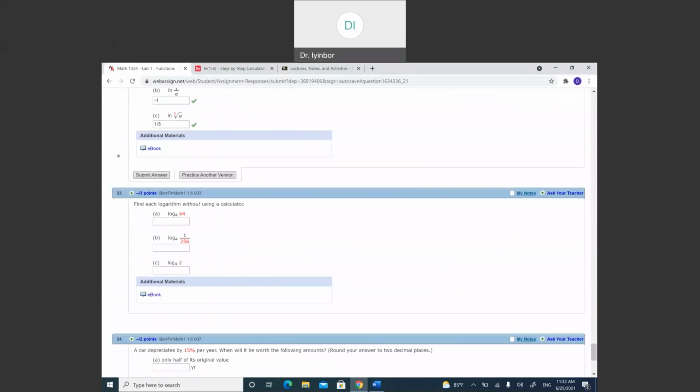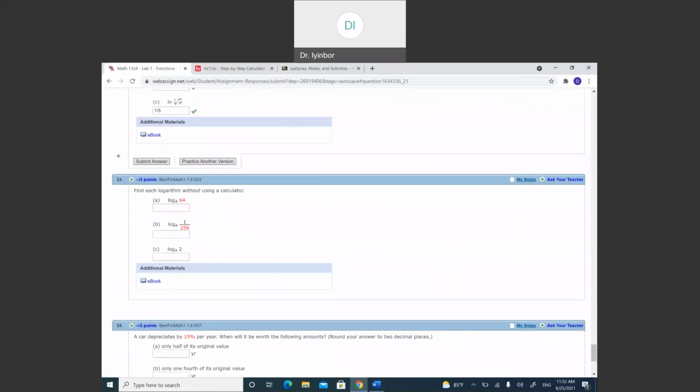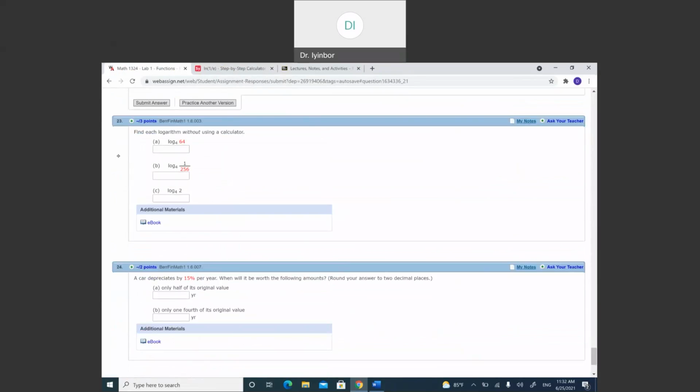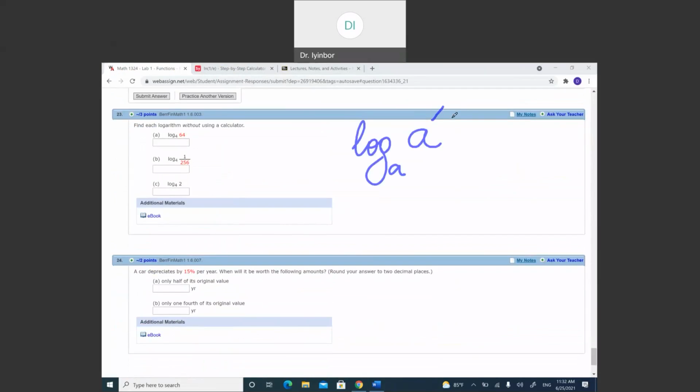Okay, the next one is a logarithm with base. I can show you how to do it in the calculator and also without the calculator. So without the calculator, you're using this rule: if I have a logarithm with base a, and then I have a with exponent x, whatever the exponent is, all these cancel out and the answer is x. Because when the logarithm and the exponent have the same base, the same numbers, they cancel out and the answer is just x. So in this case I have to represent 64 with base 4.